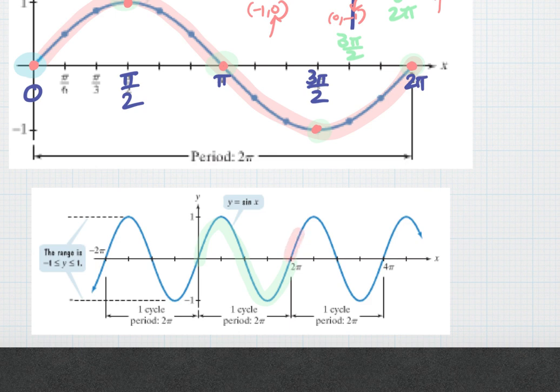A second cycle from here to here. Another cycle goes there to there. It is unending. It can continue forever in both directions. But one natural cycle is almost like a sideways S, which hopefully helps you remember the overall shape. It's going to be different when we get to cosine. That's kind of what it looks like. But again, I'm going to teach you a step-by-step process to do this.